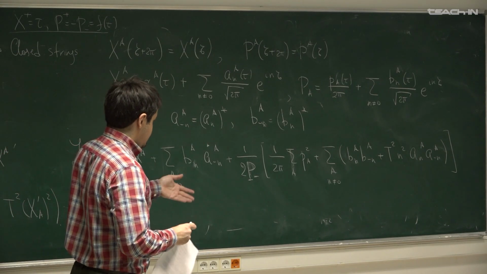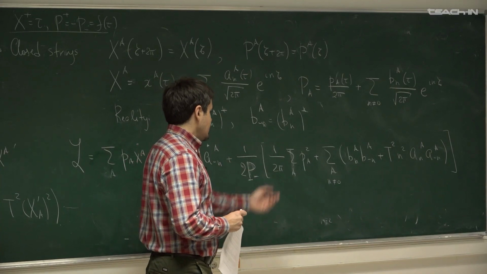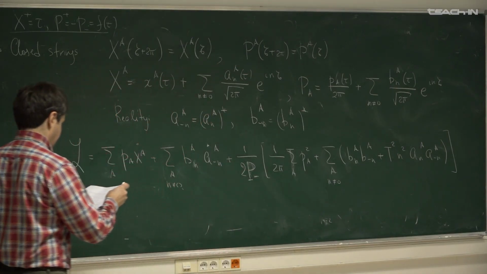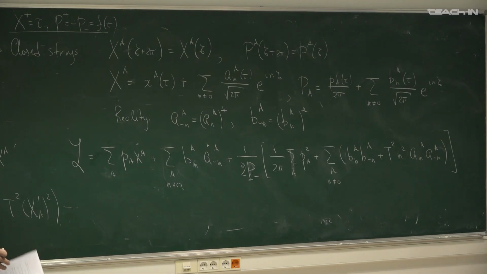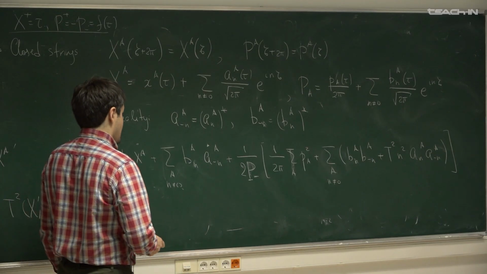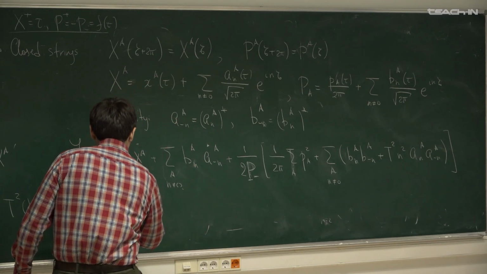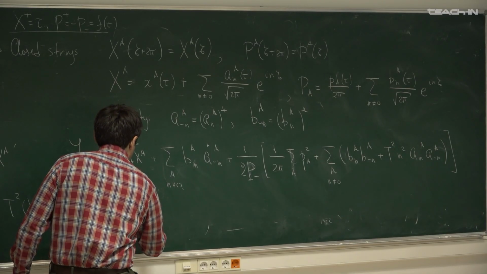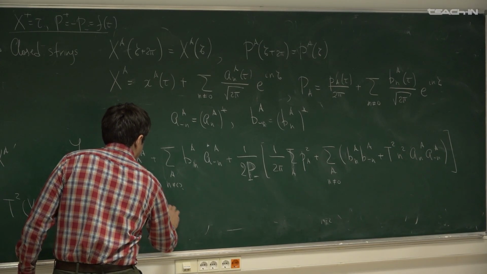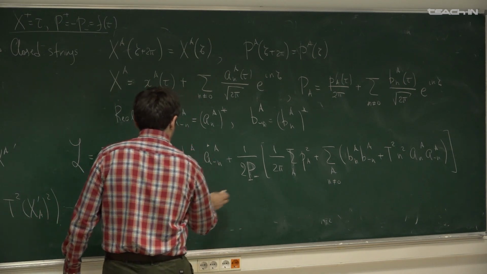And now we'll diagonalize the Hamiltonian. I mean, it's almost diagonal, but still there's something we can improve on, because so far the equations of motion tell you that a dot is proportional to b and b dot is proportional to a. So we want to fully diagonalize it.